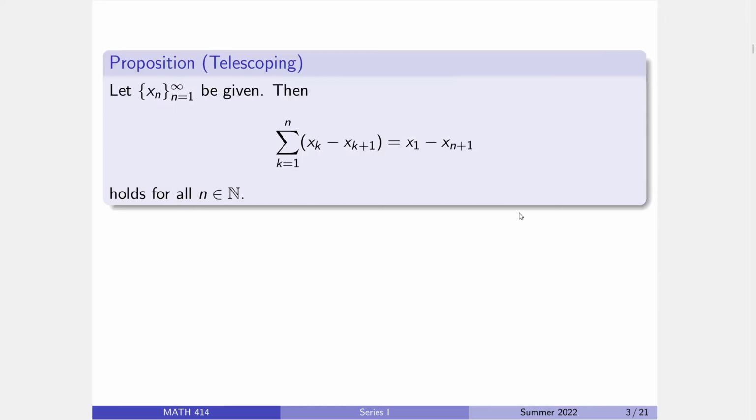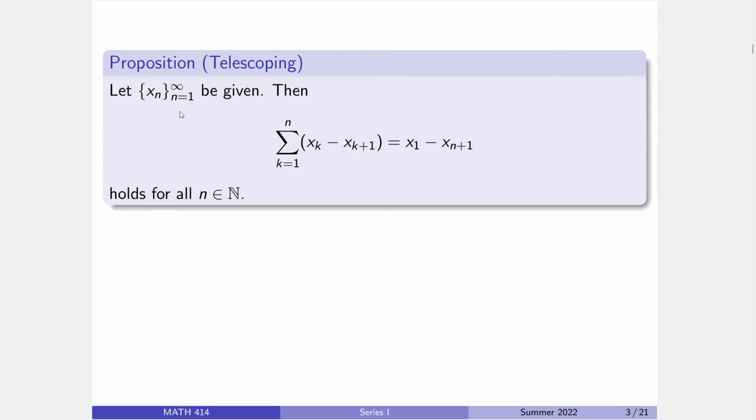All right, so let's begin with a very underrated technique, and that's the idea of telescoping. So, you probably saw this in Calc 2, and it was probably half of a day, if that, right?